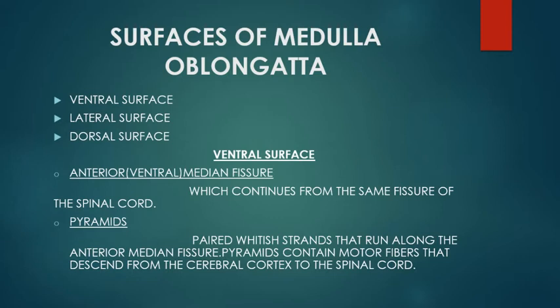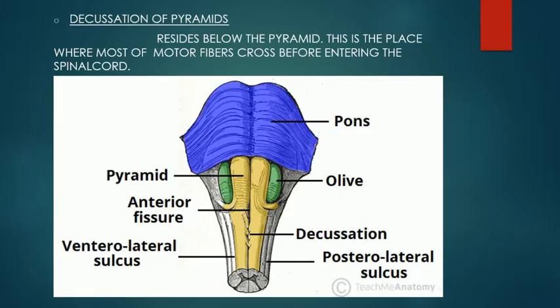The ventral surface has the anterior or ventral median fissure, which continues from the same fissure of the spinal cord. You see here the anterior fissure.